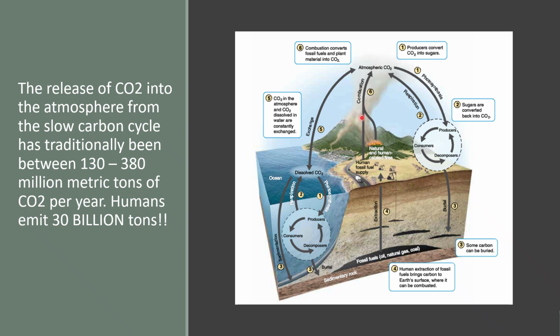Occasionally you get volcanic eruptions, and I have some nice data here showing that for volcanic release of carbon dioxide from the slow carbon cycle into the atmosphere, you would expect somewhere between 130 and 300 million metric tons of carbon dioxide per year, whereas humans are emitting a huge magnitude larger than that. And all of this is really taking things that are deeply deposited in the earth, our fossil fuels, and burning those and putting them into the atmosphere.